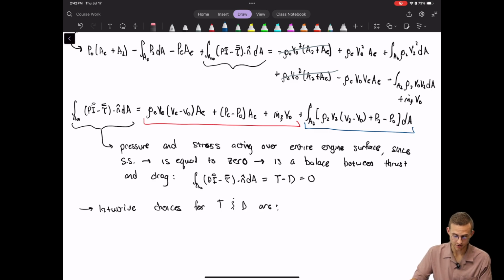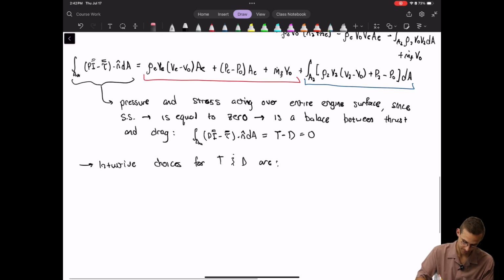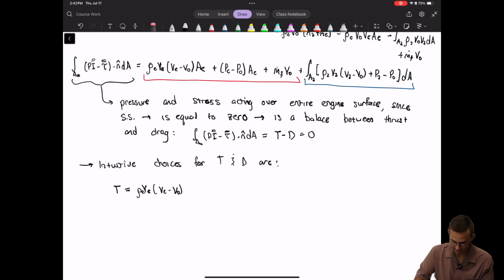Okay? So that term is going to be the drag, and then the red term is going to be the thrust. So T is equal to rho e ve times this quantity ve minus v naught, times ae, plus pe minus p naught times ae, plus m dot f v naught. Okay, so that's the thrust.